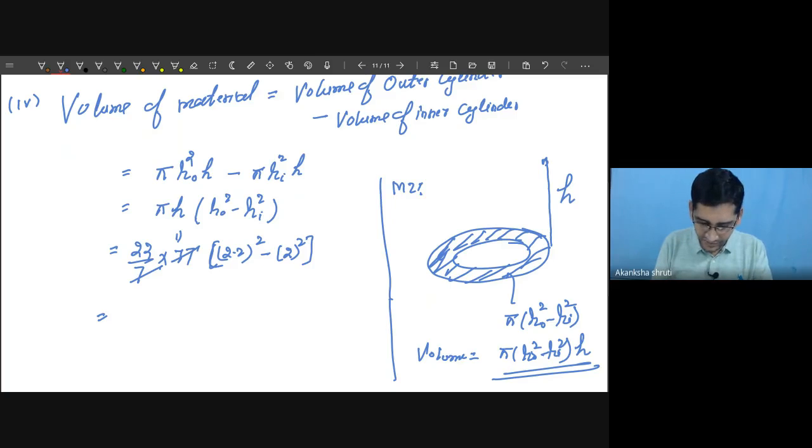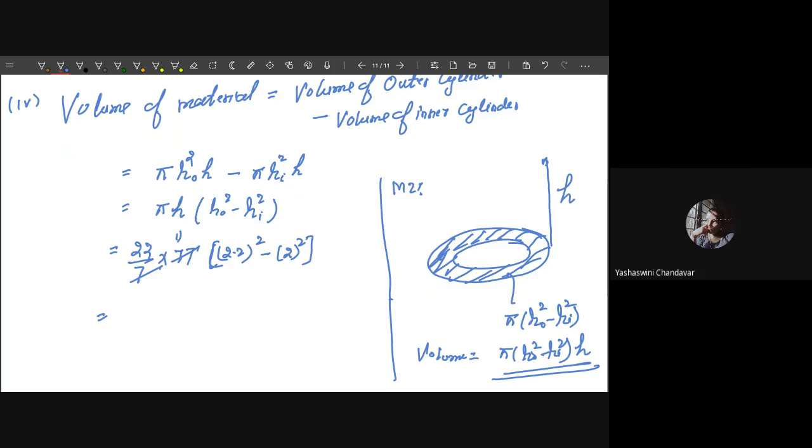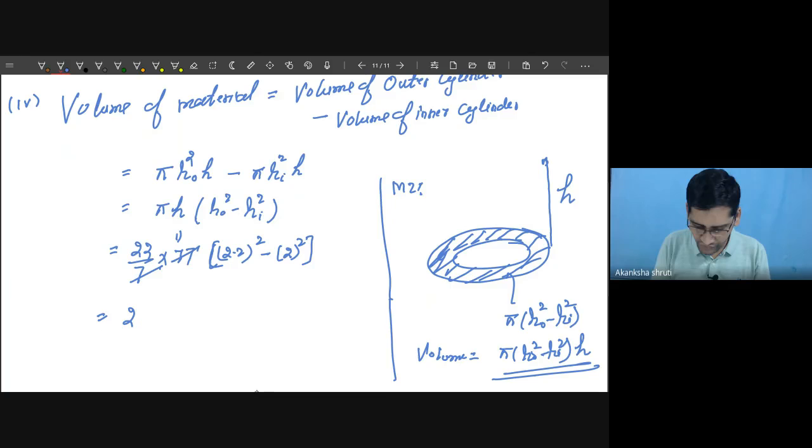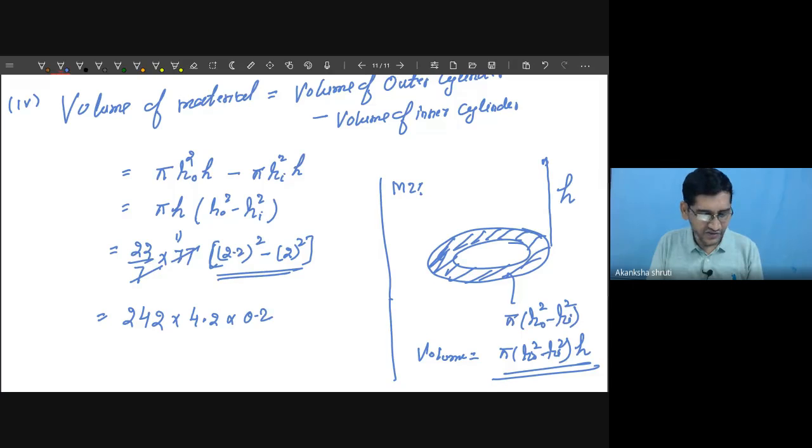So we may calculate like this. 22 into 11, shall I multiply it first? So it becomes 242 into these two, which can be written as addition and subtraction. So 2.2 plus 2, 4.2, into the subtraction, which is 0.2. Yes, so very good.